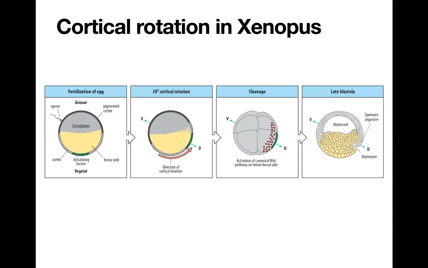It specifies these cells to become dorsal. And this is because now the green cells are in a new relationship with determinants that are in the middle of the embryo, which activate this patterning mechanism. And this patterning mechanism now specifies this as dorsal, okay?